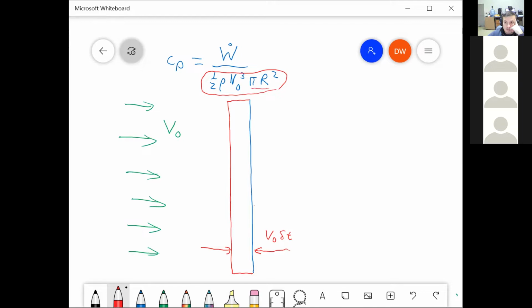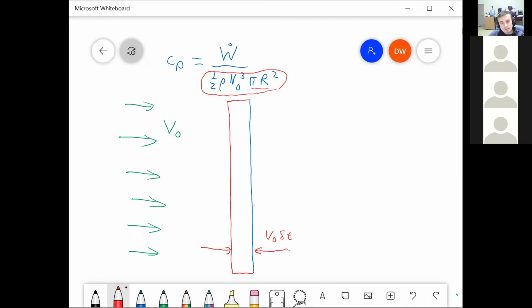So if the width of that circular cylinder is V0 delta t, then all the air that is within that volume is going to pass the wind turbine disc in that time.